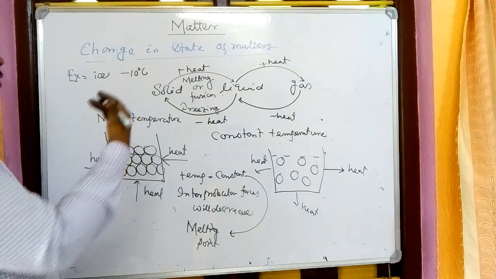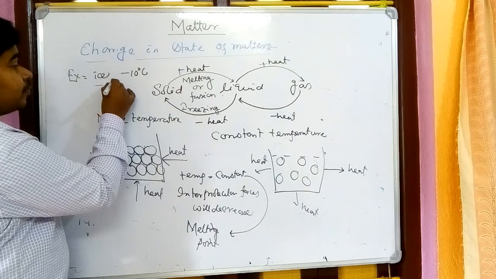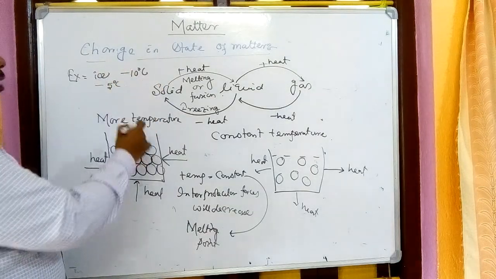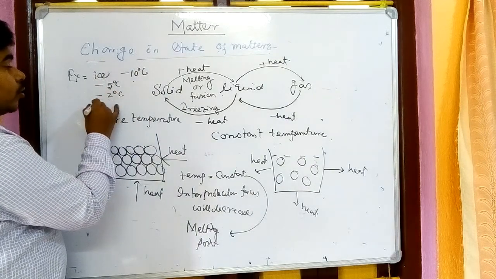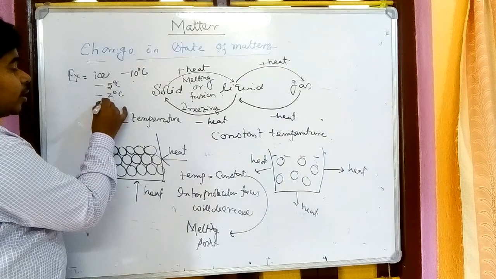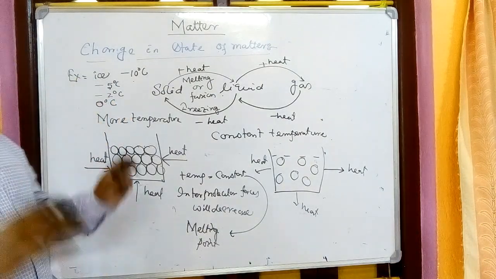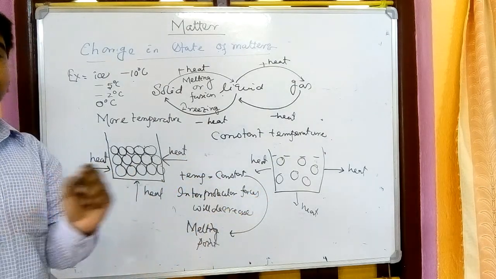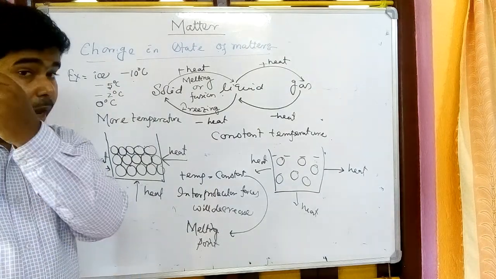As we have given heat energy, from minus 10 it will come to minus 5, then minus 2, and assume it comes to 0 degree centigrade. At 0 degree centigrade, even if you give heat energy, the temperature will not exceed. What will happen?